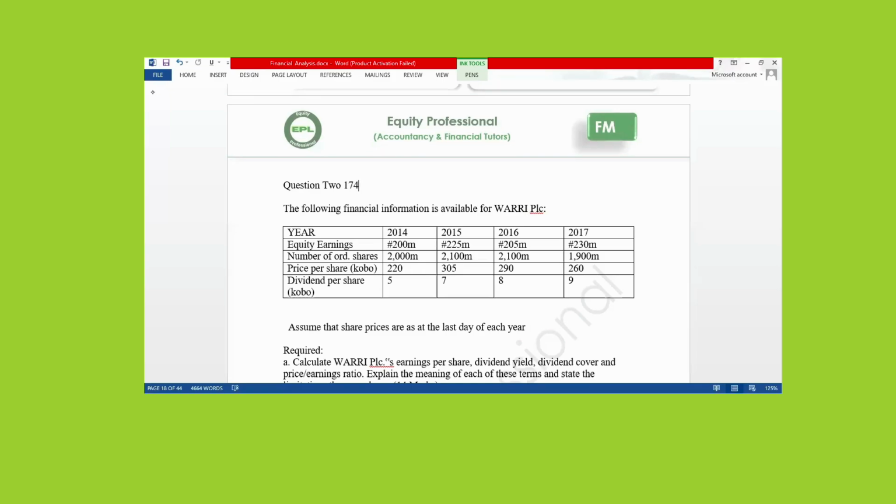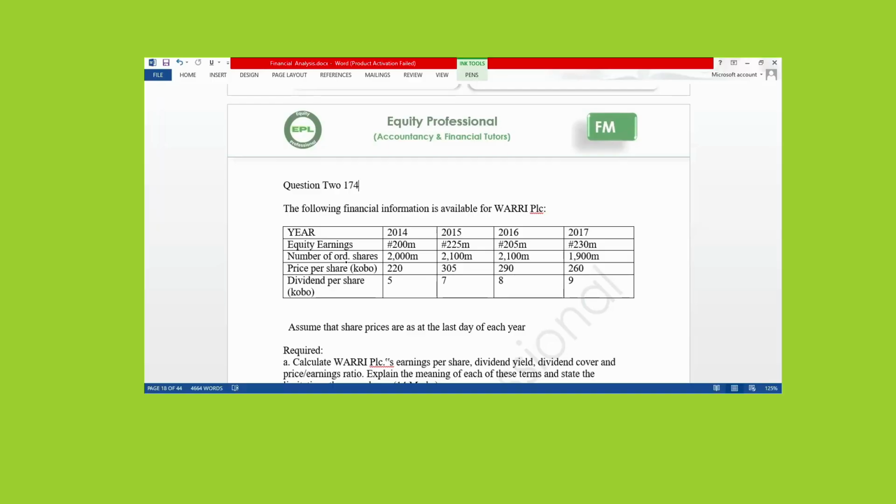All right, we move to the question. The following financial information is available for Worry PSC. You have financial information for 4 years, 2014 to 2017.